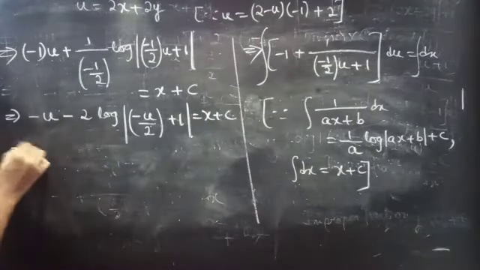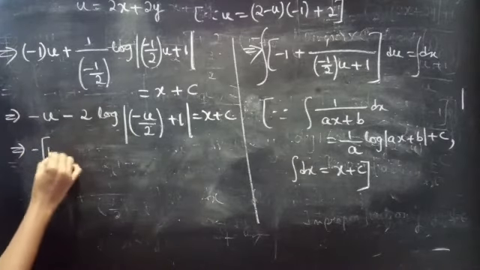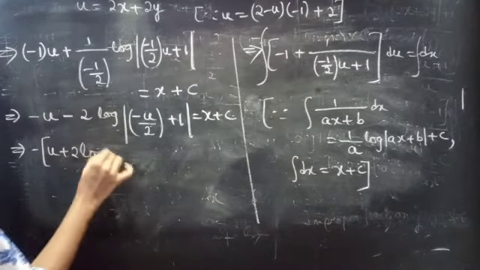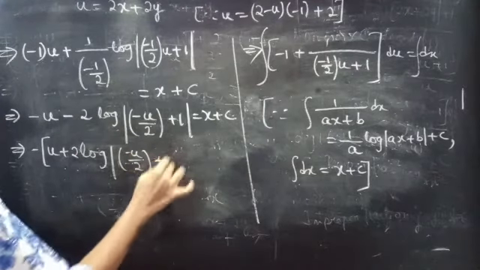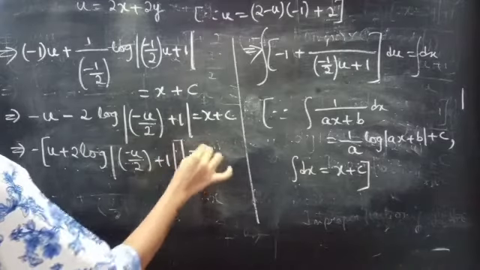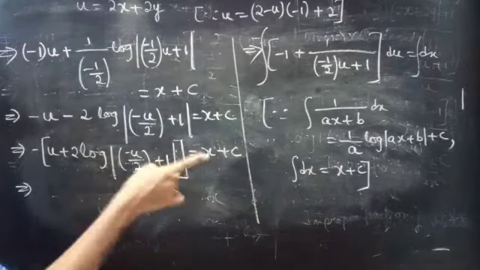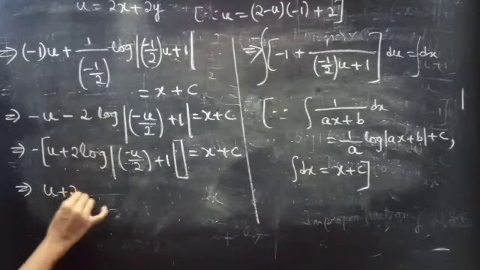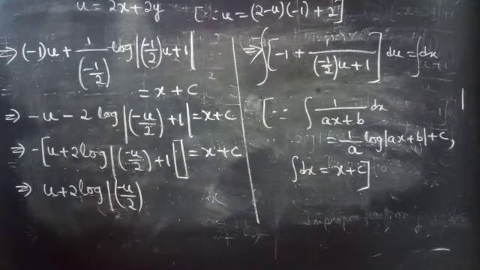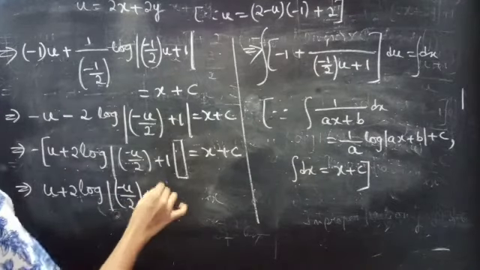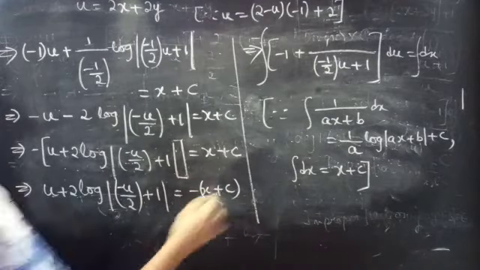Okay, then now take minus common, then you'll get minus of (u plus 2 log mod (minus u by 2 plus 1)) equals x plus c. Then take this minus to the RHS, then you'll get u plus 2 log mod (minus u by 2 plus 1) equals minus x plus c.